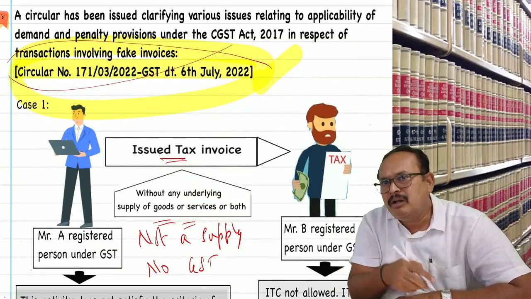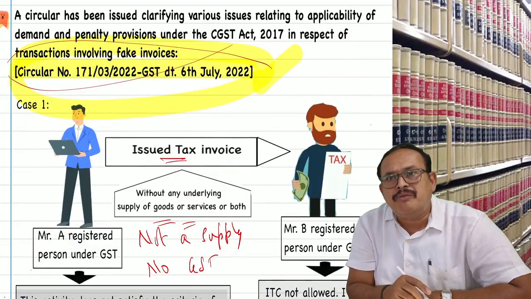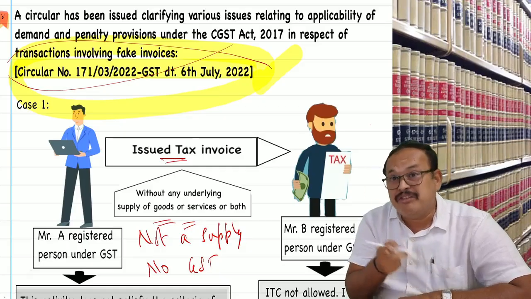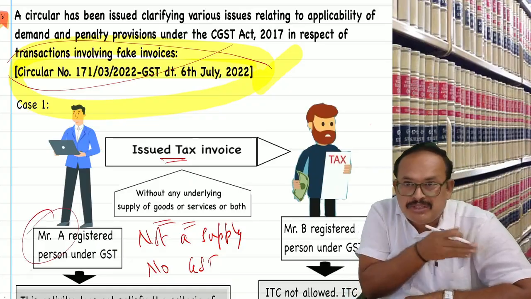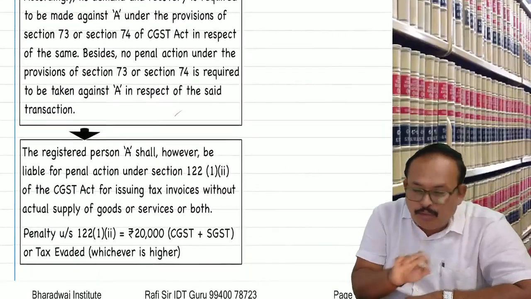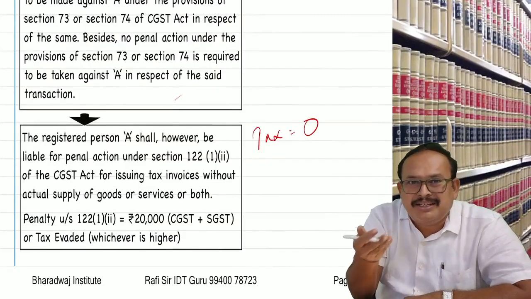But it is a violation, no? How dare you issue the invoice without issue of goods or services? Offense under 122. For which penalty? To whom? To Mr. A, who issued that invoice. What is the penalty here? No tax. Tax is 0 because it is not a supply.